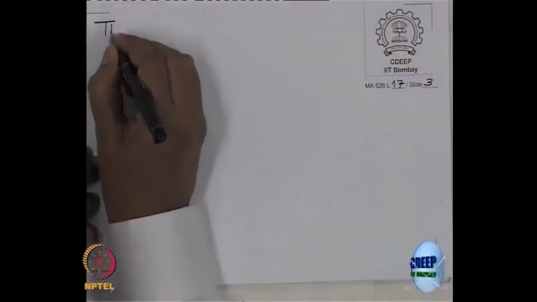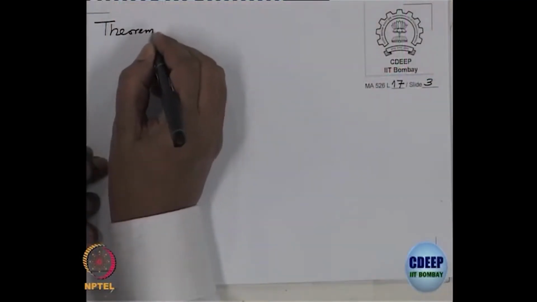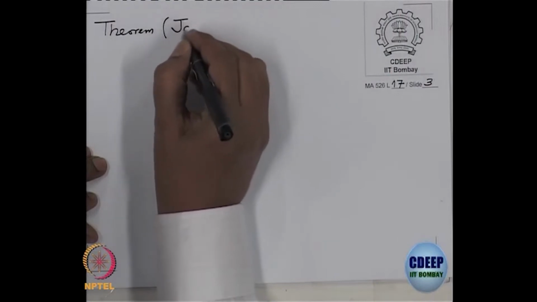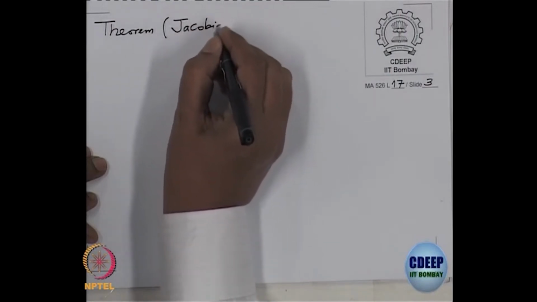Okay, so to be more precise, now let us state what we want to prove. The theorem we want to prove is called the Jacobian criterion because it involves the Jacobian matrix.